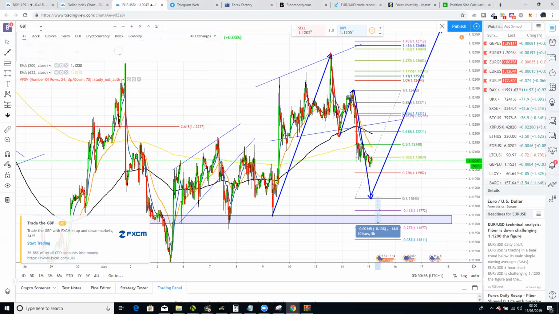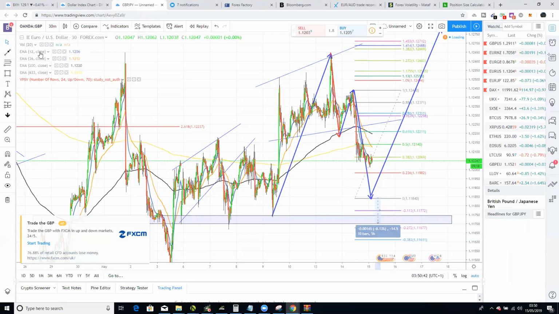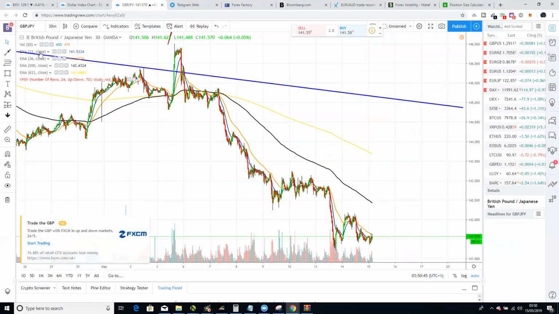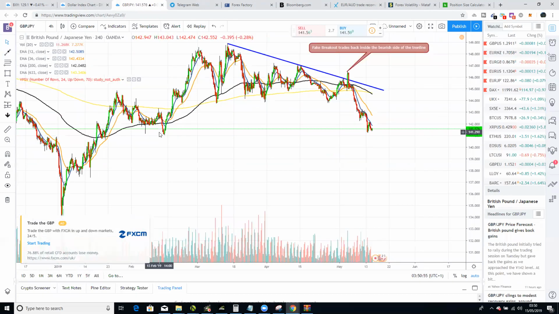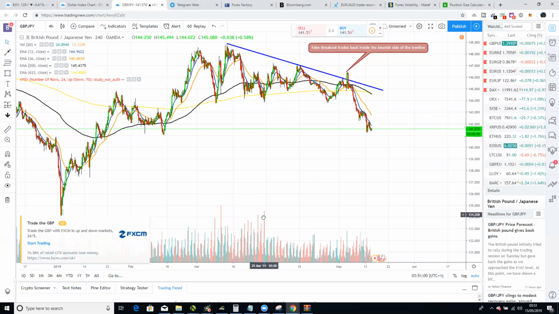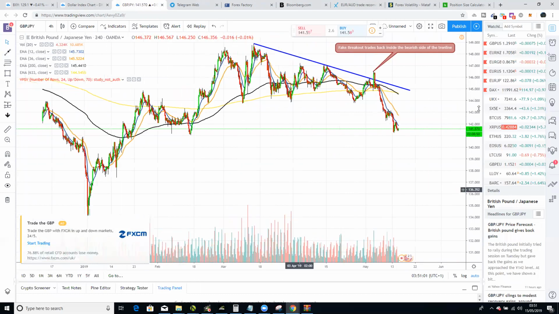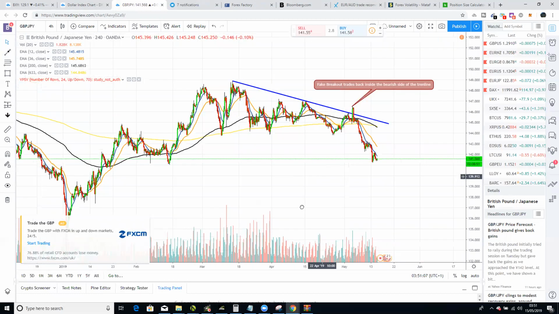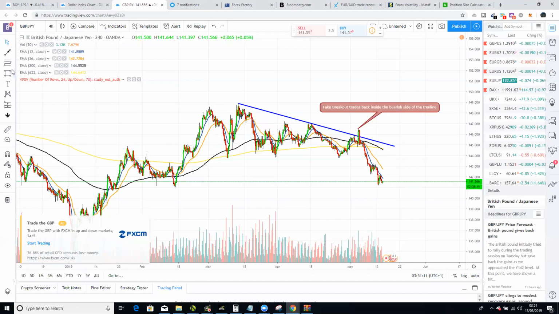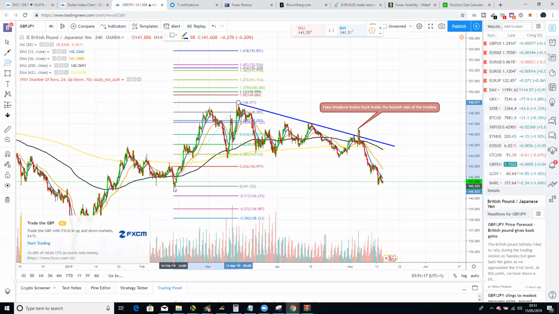Someone talk about GBP JPY. Right. So if we're looking at the GBP JPY as well, we can be looking at an opportunity like this, from the highs to the lows right there.